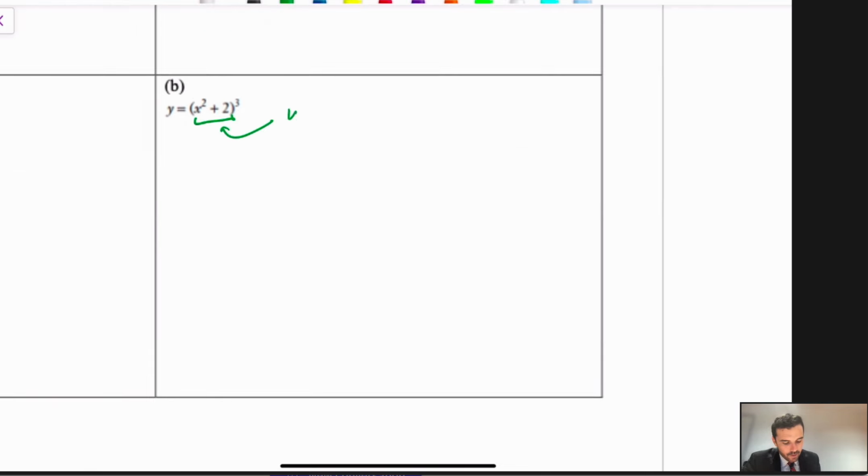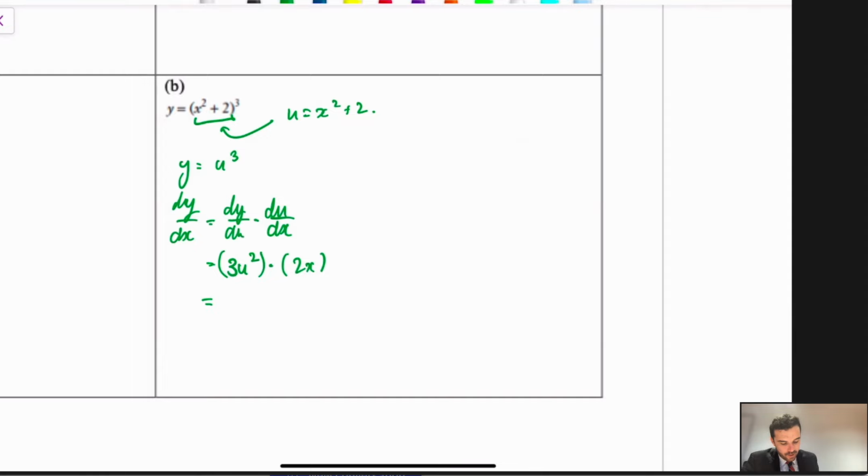Next one, sorry, u is equal to x squared plus 2, y is equal to u to the 3, dy by dx is equal to dy by du times by du by dx. This is going to become 3u squared times by and then 2x. We're going to replace that u there with this value over here.